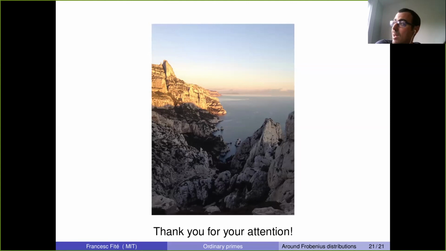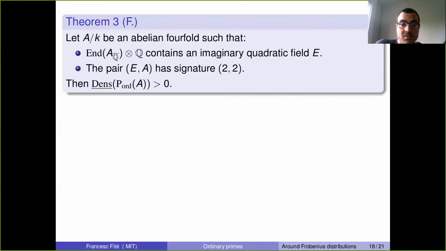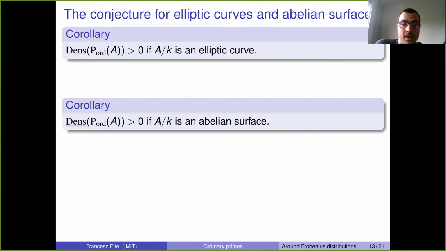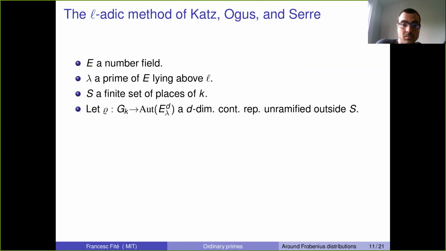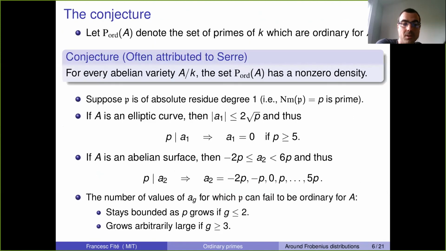The second question is related to what I was explaining when motivating the conjecture. For an abelian surface, you're looking at the coefficient of t squared, so it's something of weight 2.